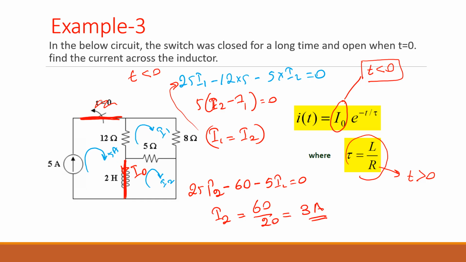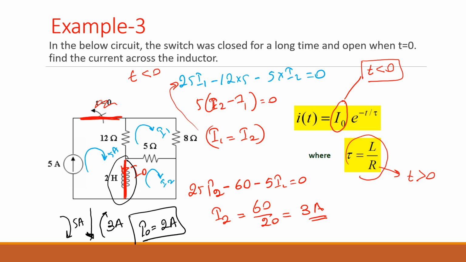So if you see here, this way 5 amps going and this way 3 amps going. So the net current down, which is your I0, is equals to 2 amps. Do you agree with me?